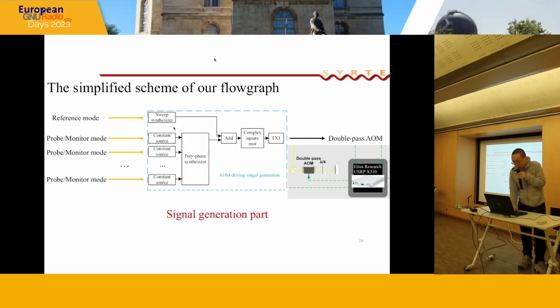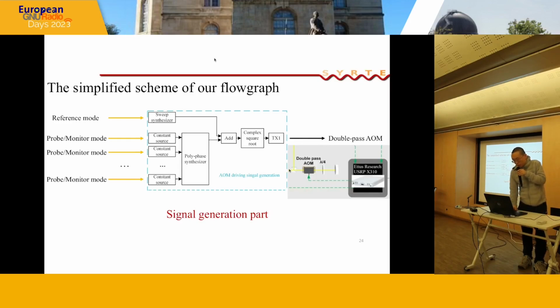Then the generated signals all go into an add block, and then into a complex square root block, which contains a lot of blocks, but we simplified them here. Then we send it to TX, and then to the double-pass AOM. Why do we want to use this complex square root?